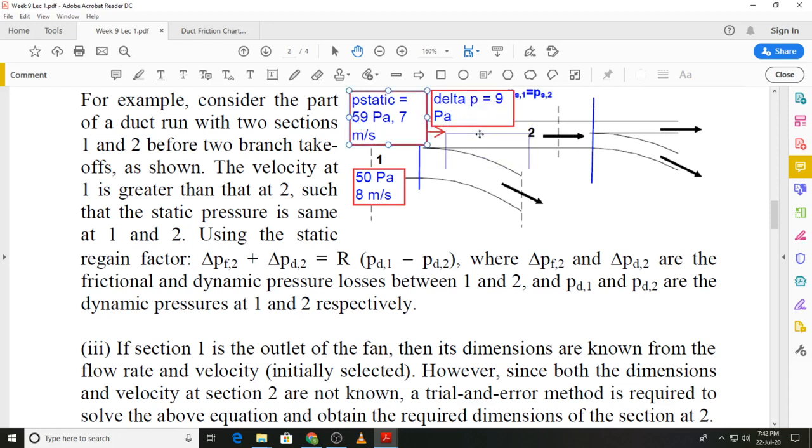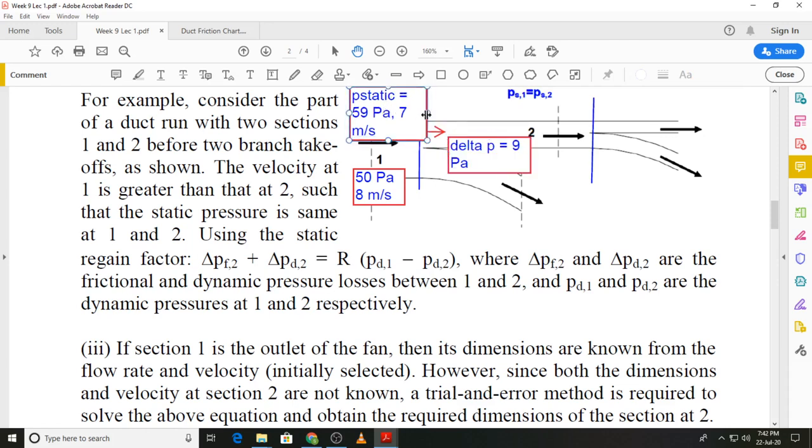I'll just move the numbers a little so we have more space. That is when we reach section 2.